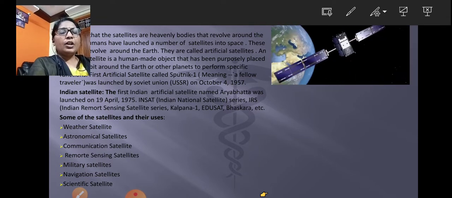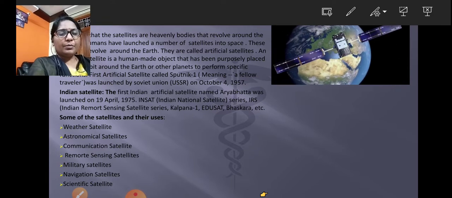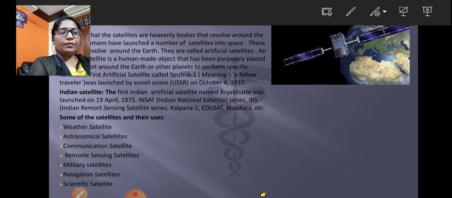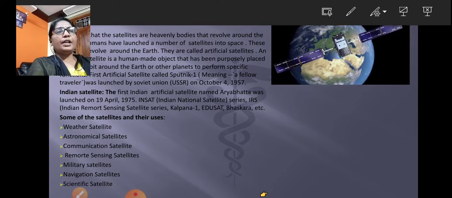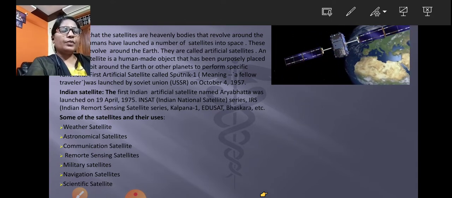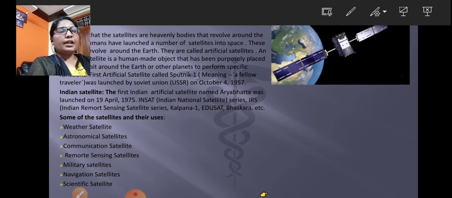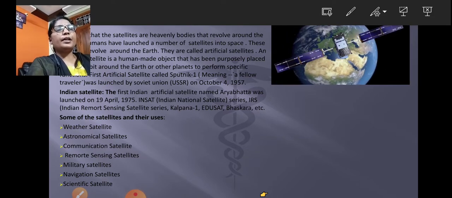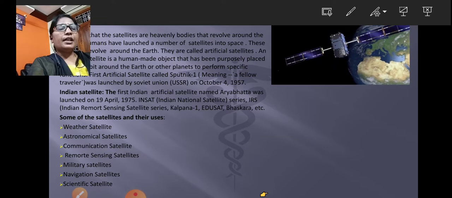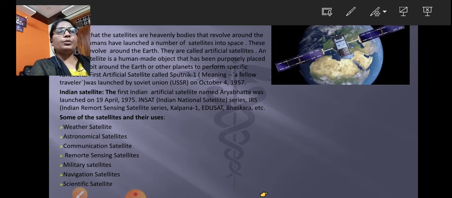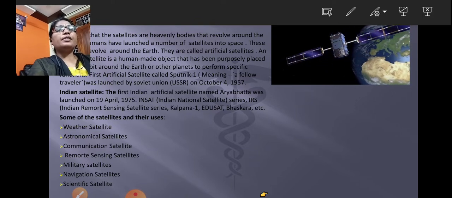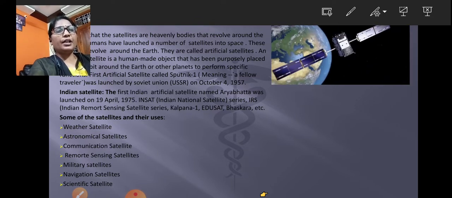And the knowledge of the tide is also important for the fishermen before going out for fishing. When there is low tide, they can go for fishing. And when there are high tides, the weather department, based on these artificial satellites, gives the information to the fishermen whether they can go for fishing or not.